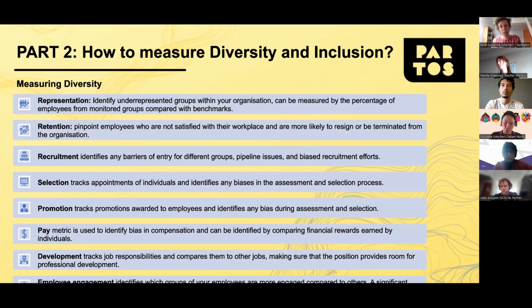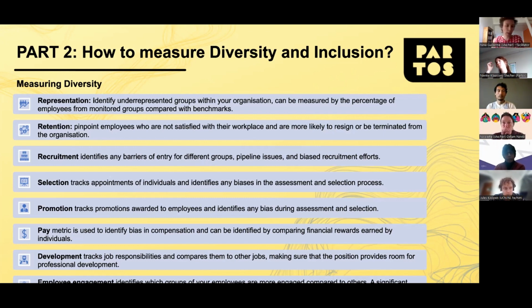Are there certain types of people who get promoted more easily, get more pay or pay rises than others, or have more opportunities to develop within the organization and to change positions? It's important to measure that, to see if employees from minorized or underrepresented groups are affected by these aspects.